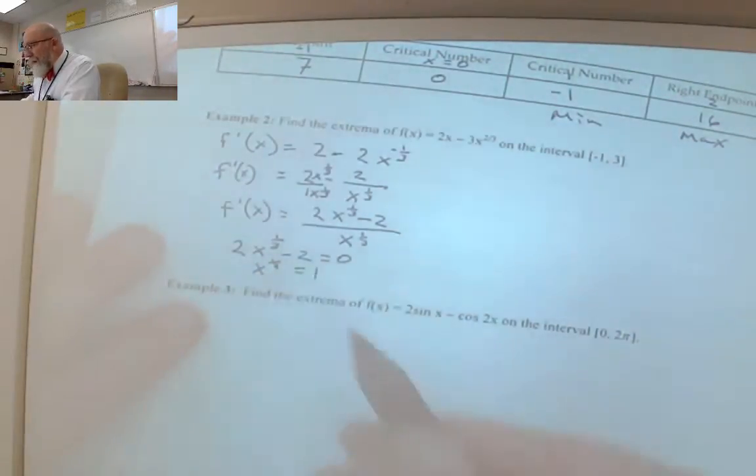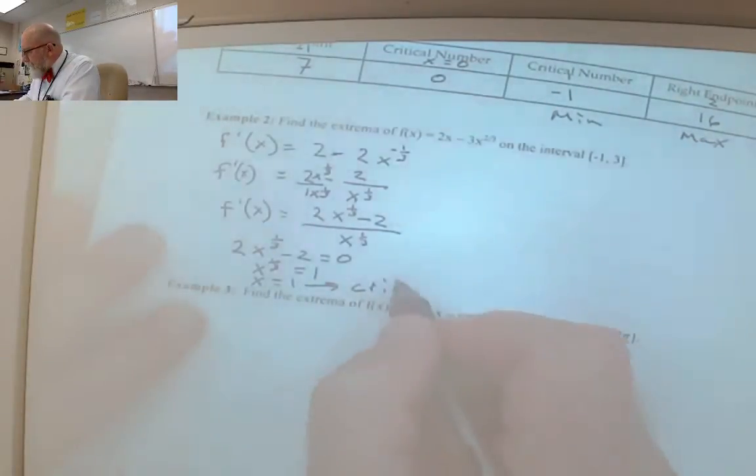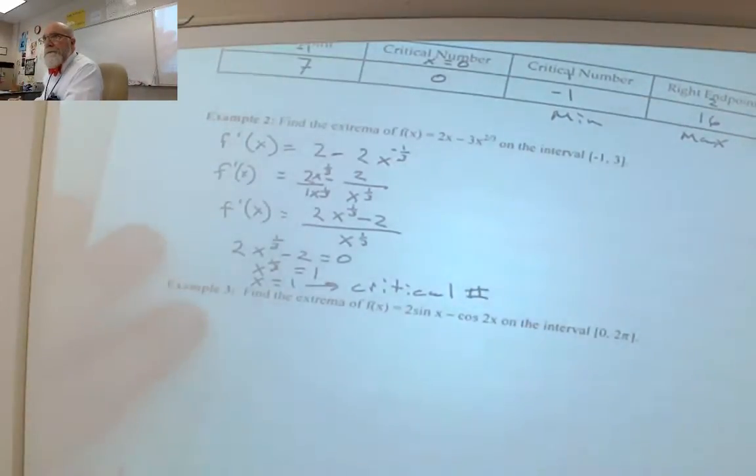Does everybody see where I get 1? That means this is a 1/3 power. So that means x equals 1 is a critical number. Everybody with me so far?